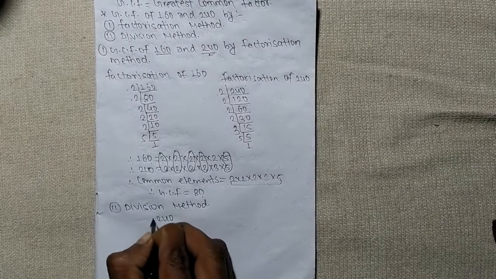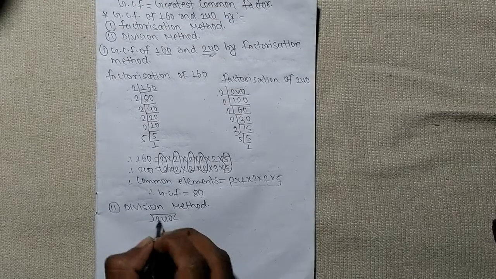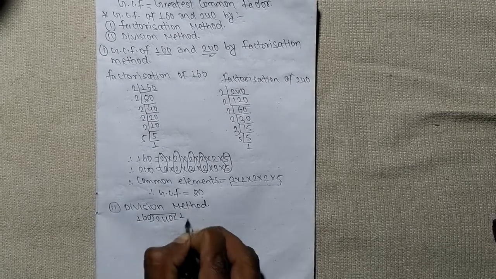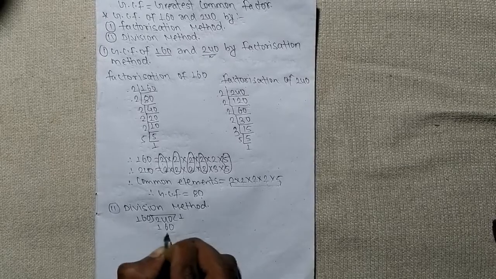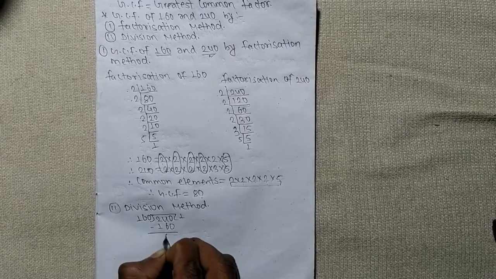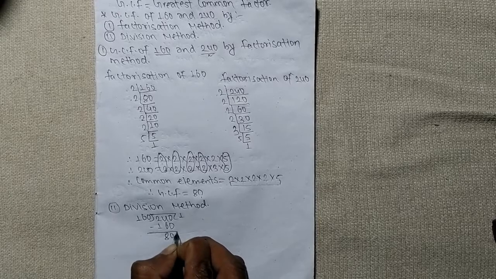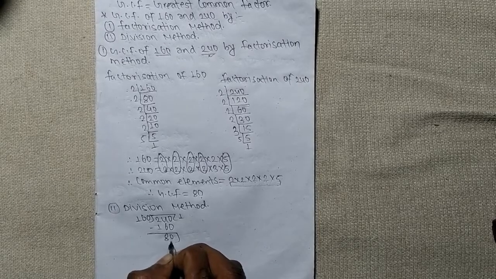So 240 is the greater number, which is divided by the lower number 160. 160 times 1 means 160, so 240 minus 160 is 80. So here the remainder is 80.